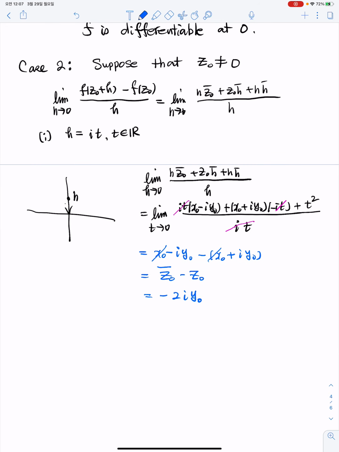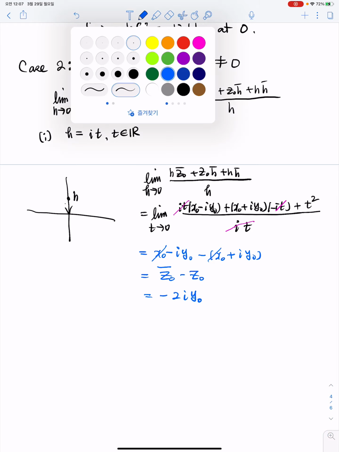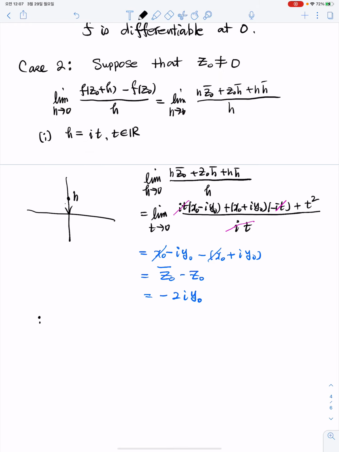So, do I have another case? Second case. So this is the first case. Now let's look at h equals s, where s is real. In that case, we also compute the limit as h goes to 0.